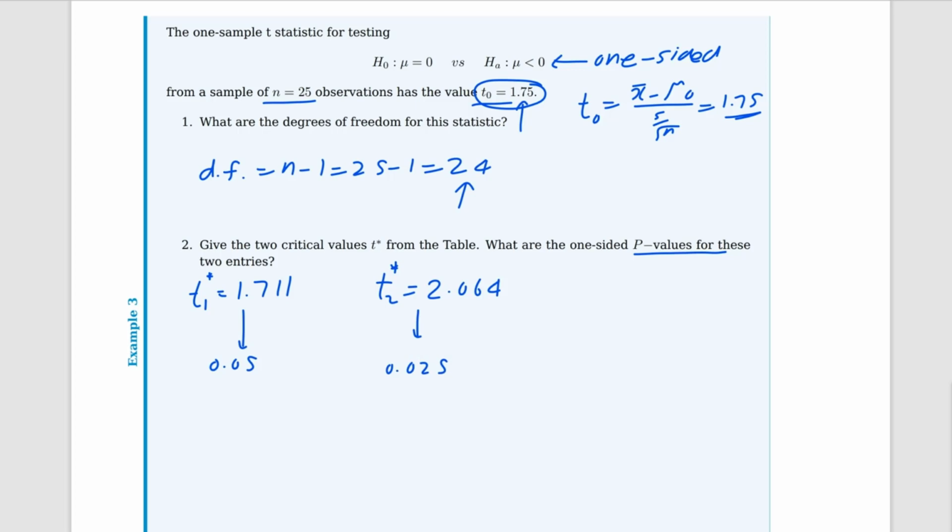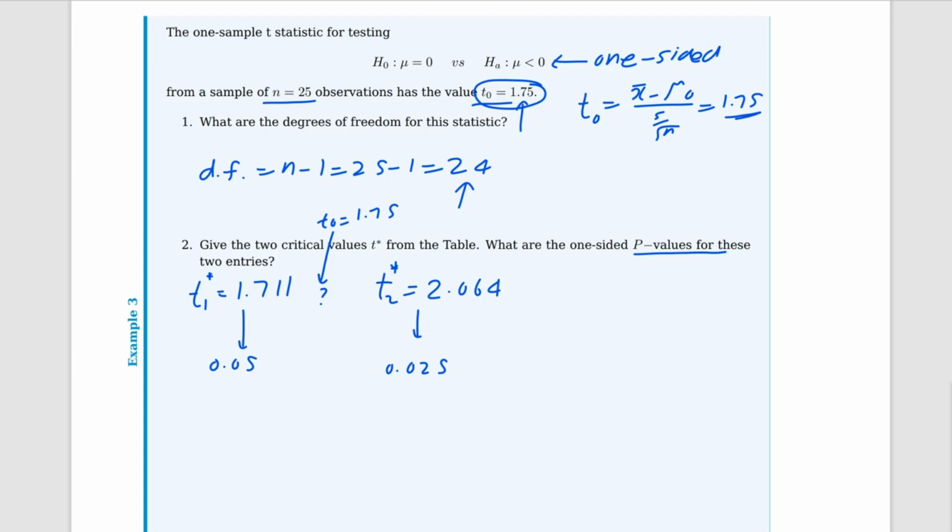Now understand the meaning of this. Our T naught was 1.75. It should be in between these two numbers. Normally we need to find the p-value corresponding to this T naught, right? But we couldn't find this number in the table.